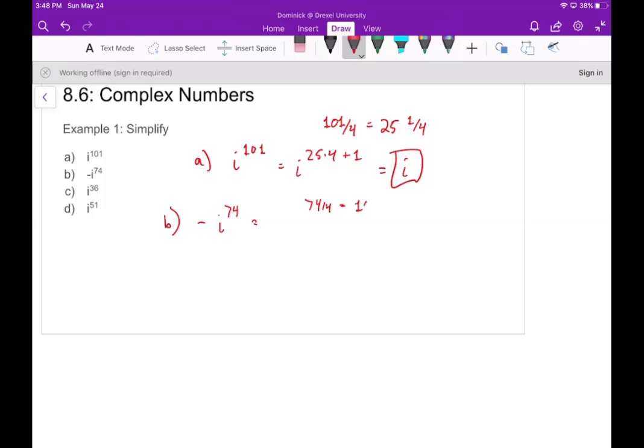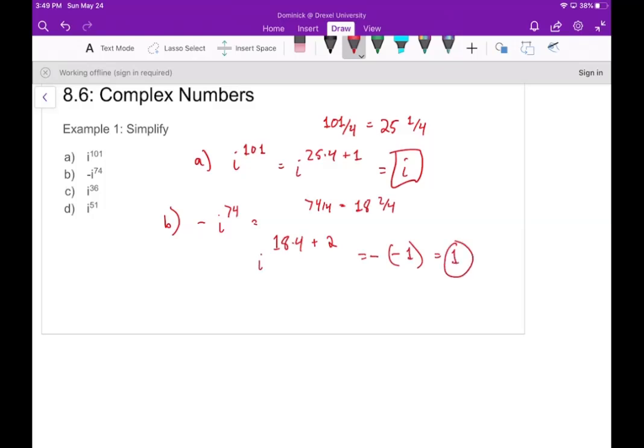So we're going to get 18 plus 2 more. So this is i to the 18 times 4 plus 2. Since it's a multiple of 4 plus 2, this is going to be negative 1. But now don't forget the negative from before, so this makes it a positive 1.